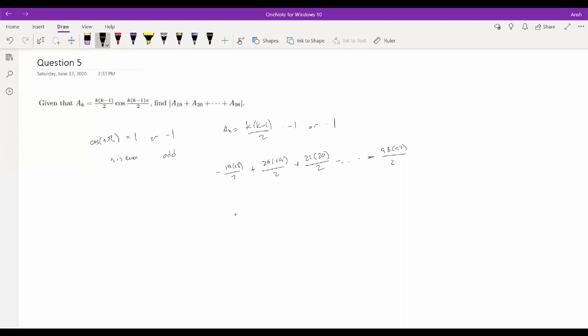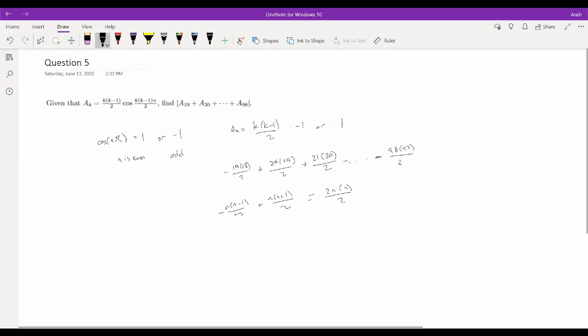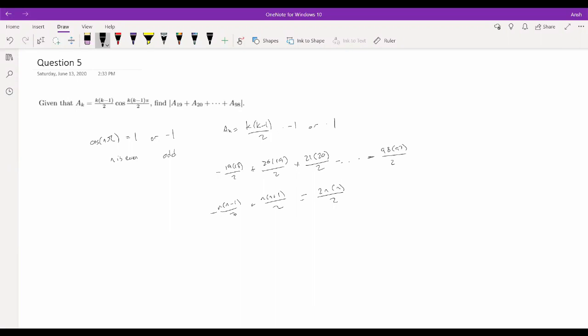So we can actually just group them together. We can group together terms negative n times n minus 1 over 2 plus n plus 1 times n over 2, which becomes n over 2 times n plus 1 minus n minus 1, which is n over 2 times 2, which is equal to n.